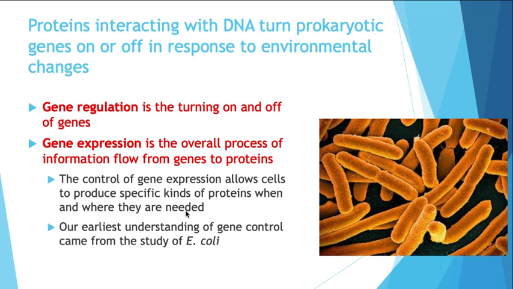Coding regions of the gene are the exons, and they contain the information necessary to generate the primary structure of the protein. That's the way that the amino acids are stitched together during translation. Okay? The regulatory regions of the gene depend on whether we're talking about a prokaryotic or a eukaryotic context, right?